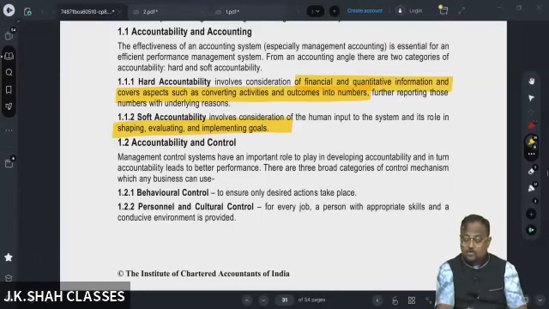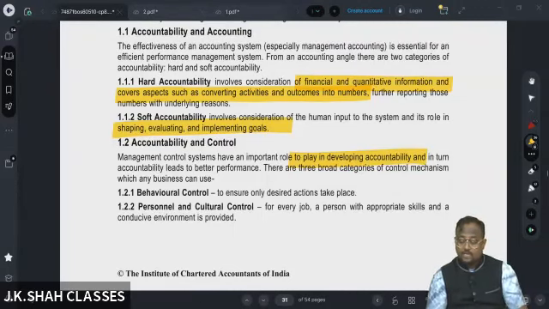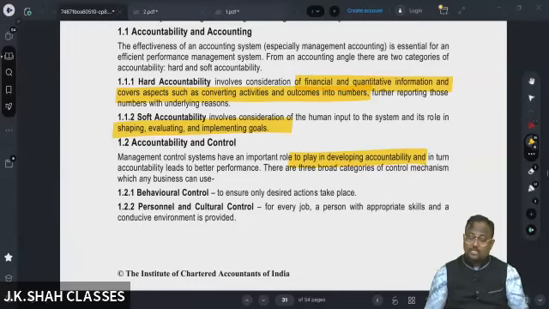So accountability and control. Management control systems have an important role to play in developing accountability, and in turn accountability leads to better performance. See, I cannot every time get the result by putting you under pressure. Sometimes I have to give you a free hand to perform your own task.